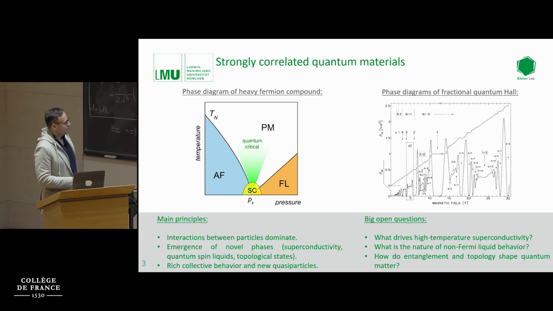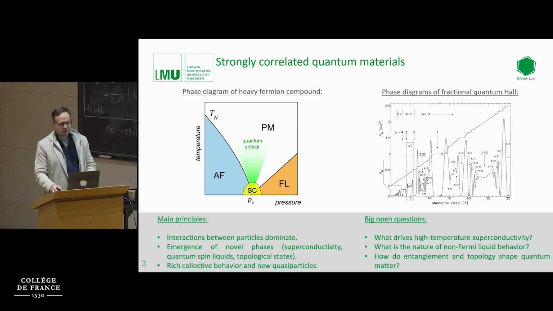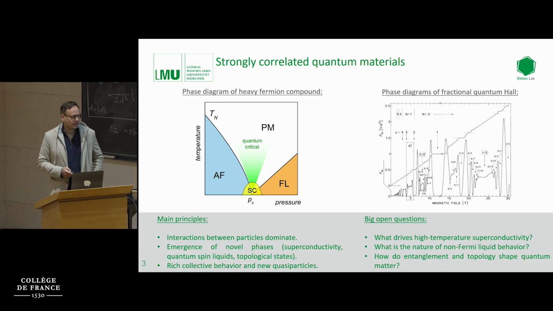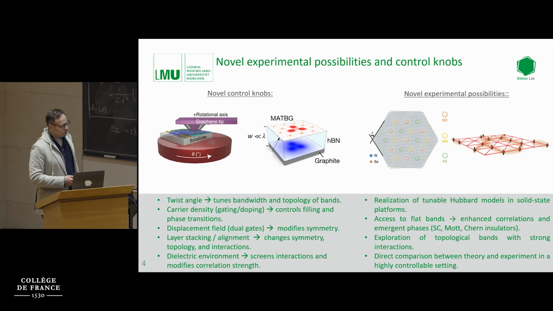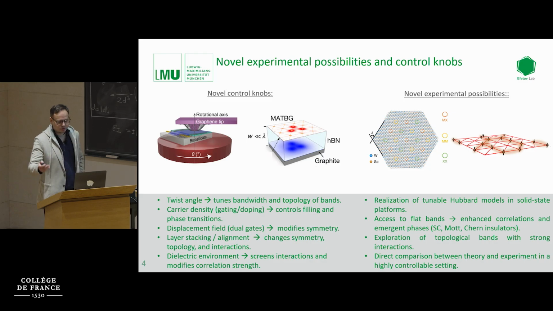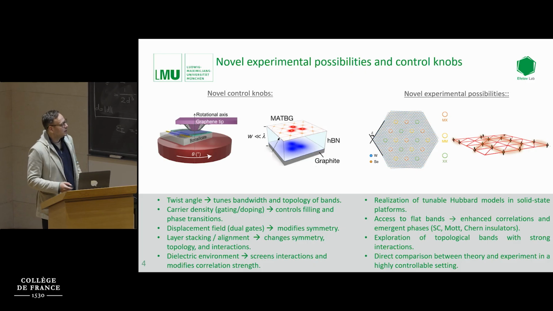A lot of the open questions which still persist in these strongly correlated materials can now also be addressed in this Moiré materials platform, but with novel capabilities, and one can try to design alternative experiments that are not so directly possible in traditional systems.